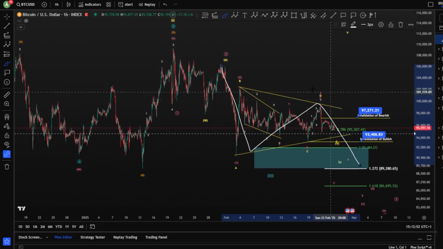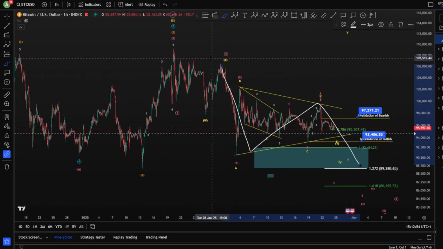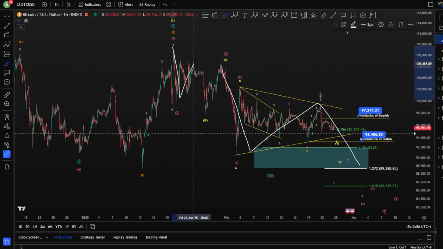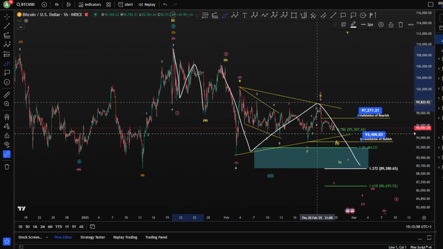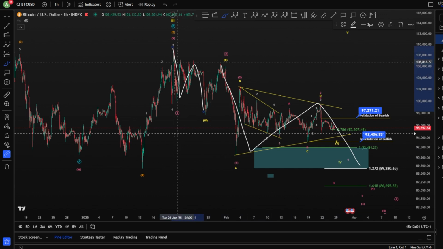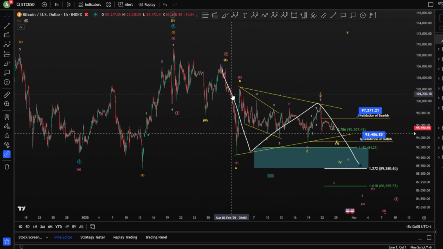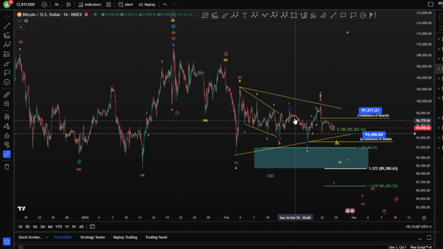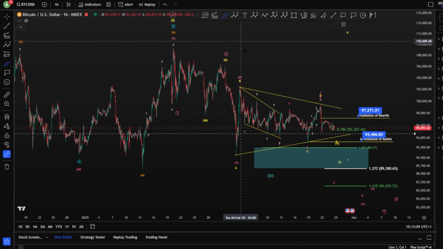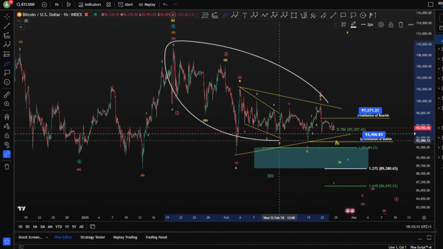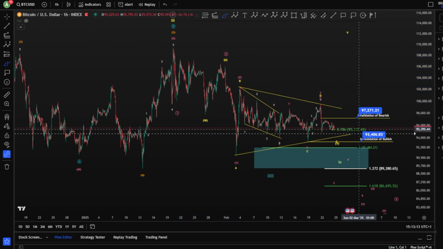However, this will still have lower possibility, because if you look at the wave W in a zigzag, how big it is in relation to your wave Y, that brings us to a question mark. Is this a big WXY or not? Therefore, we have to start to think in a different scenario here.